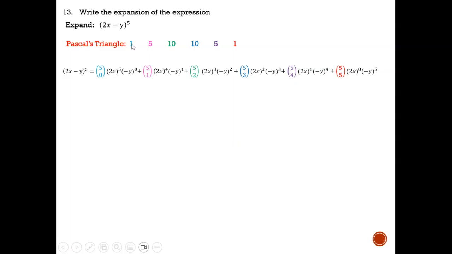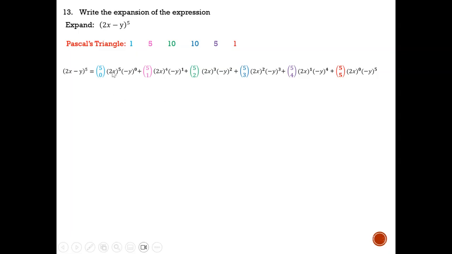If you know the color codes, the blue goes with 5 combination 0. The pink goes with 5 combination 1. The green goes with 5 combination 2. The dark blue goes with 5 combination 3. The purple goes with 5 combination 4. And the red goes with 5 combination 5.